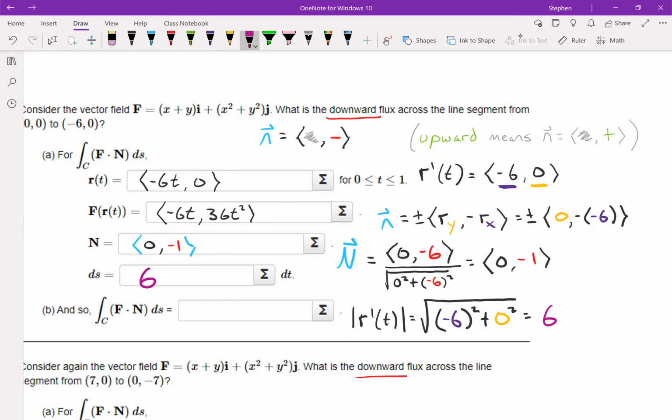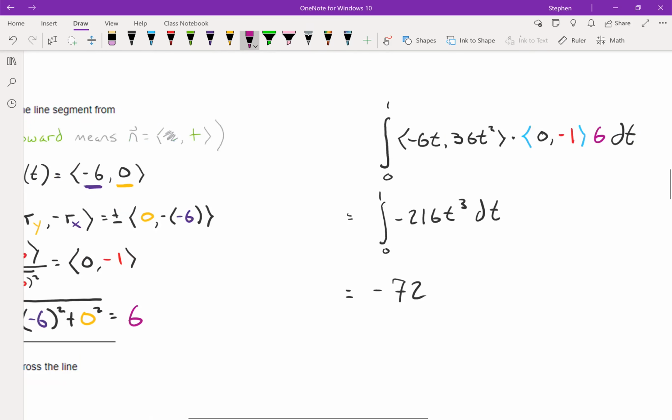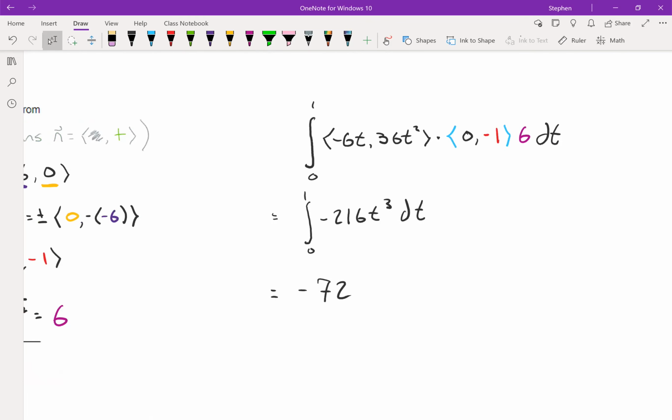So to then actually solve that line integral, I'll slide over here to the right. I've got that work all done out.